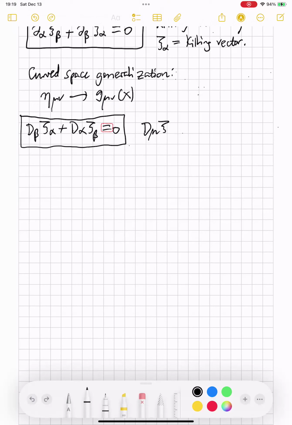And the covariant derivative D mu zeta nu is written as, well, we've got the normal derivative, but then there's a correction to this, and the correction uses the Christoffel symbol. Okay, so that's how you would write it in GR. So that you're going to derive on your own, and that's the curved space generalization. So this would be the Killing vector equation in curved spacetime for metric g mu nu.